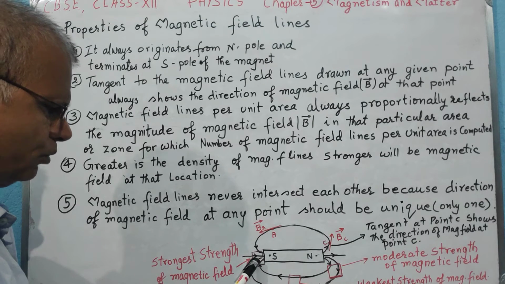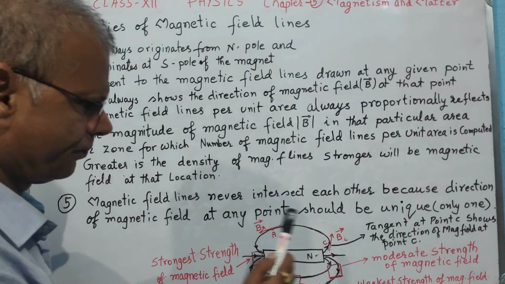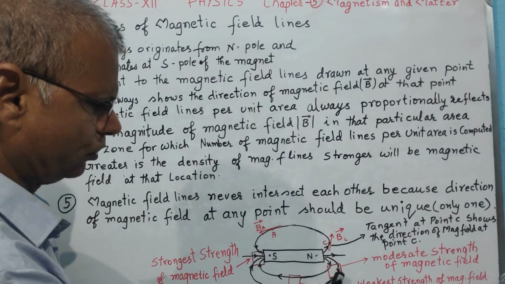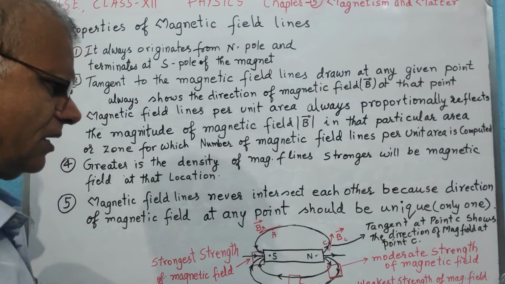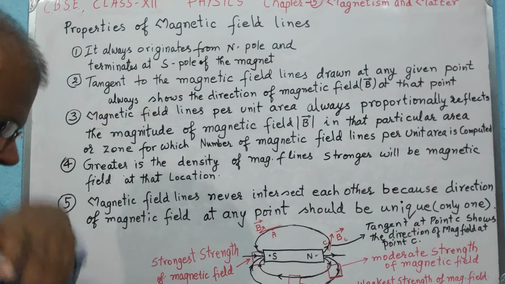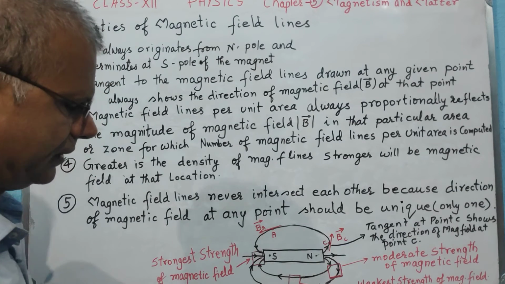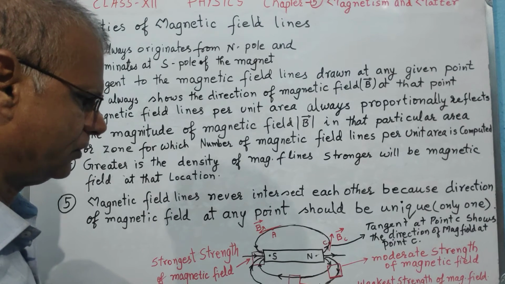So here we have more lines enclosed, that means the magnetic field is strongest. Here we have a moderate number of magnetic field lines enclosed by the same area, so that means the strength of magnetic field is moderate over there. And in this zone you see only one magnetic field line is enclosed by the same area selected for all three zones.